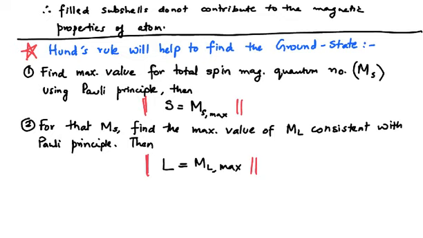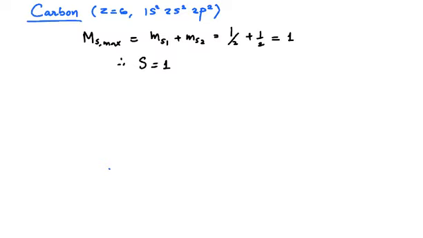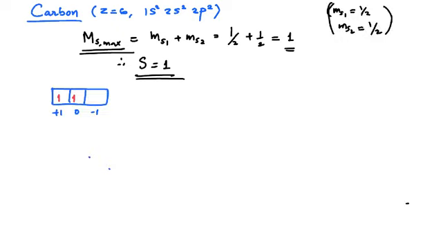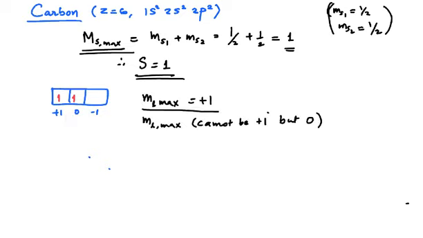Now let's apply it for the case of carbon, like we saw earlier. We first find the ms max value, and that is 1. We saw that earlier, and that is why S is equal to 1. Now for the 2p2 state, you have only 2 electrons. The first electron will go to Ml max equals +1, right?